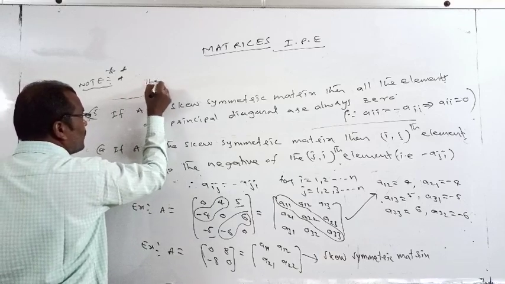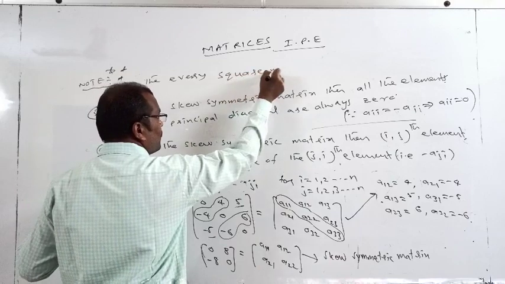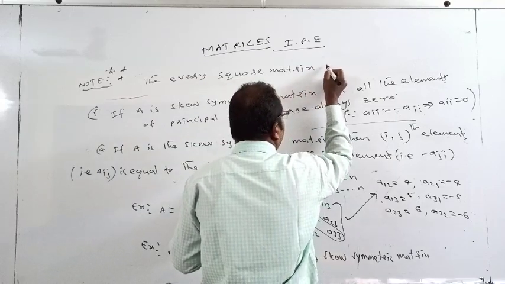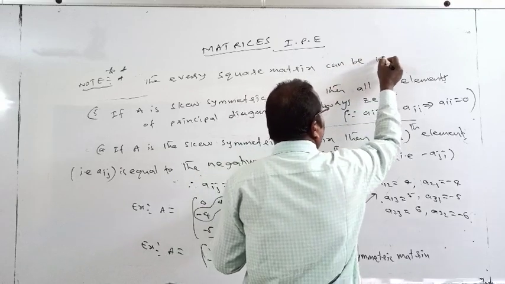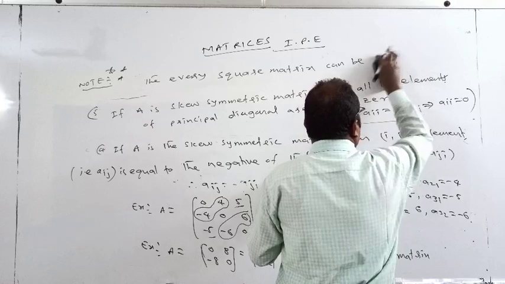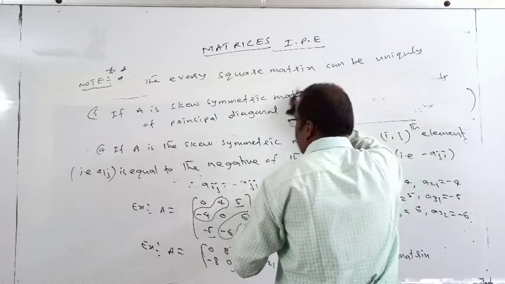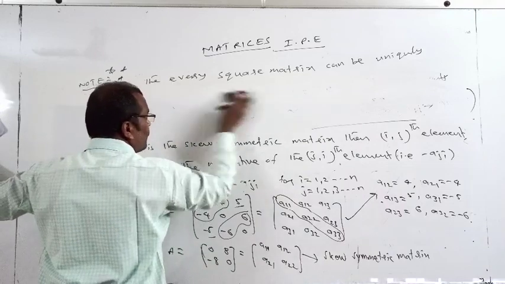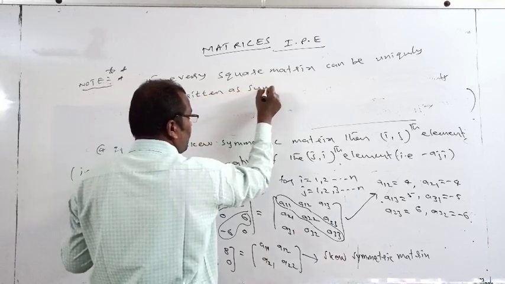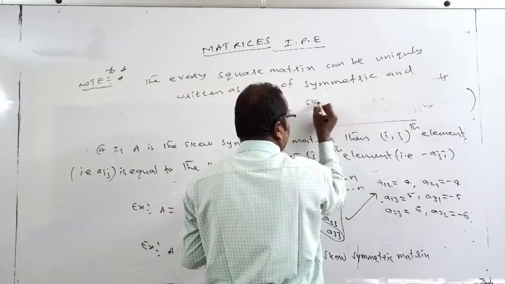Every square matrix can be uniquely expressed as the sum of a symmetric and a skew symmetric matrix.